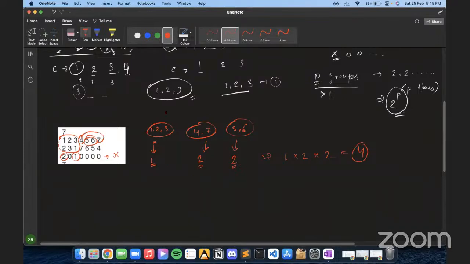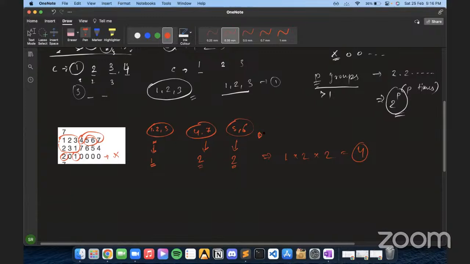Okay, so this is what the algorithm is basically, if we form these groups. Now, how are we going to form these groups? There are many ways this can be implemented to form these groups and count this. But here we are going to use DSU, that is disjoint set union, and we'll union each group together, like 1, 2, 3, in the best possible way and implement this approach.